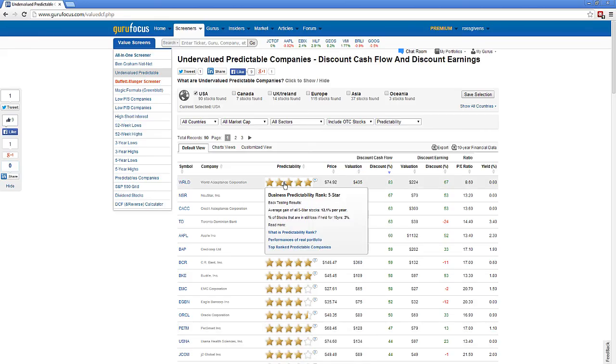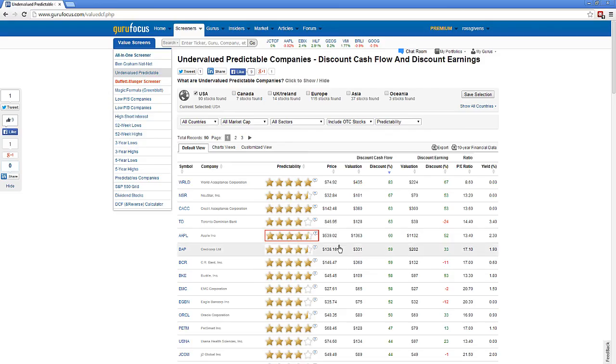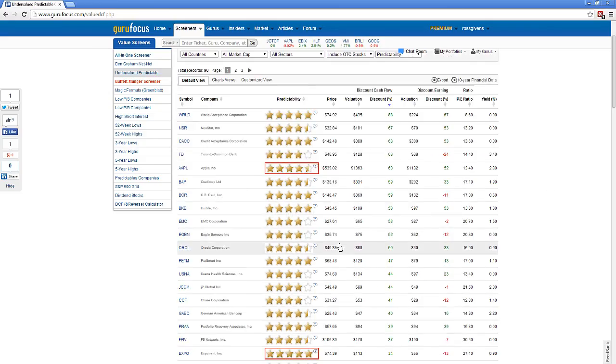That's what you see when you look at each of these stocks. It starts at the top. It's a business predictability ranking, so the higher the ranking, obviously, the better. Any stock that's scanning, I'd say, 3 stars or higher is a pretty consistent earning company, right? They haven't lost any money the last 5-10 years. They're growing at a pretty smooth trajectory.